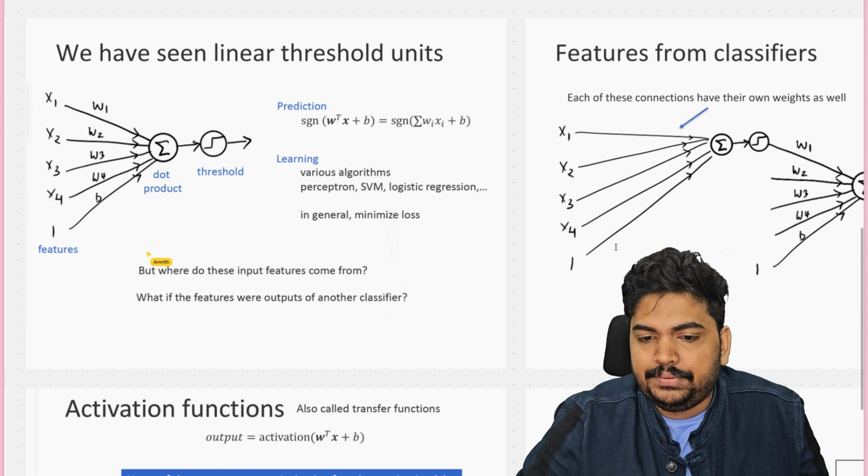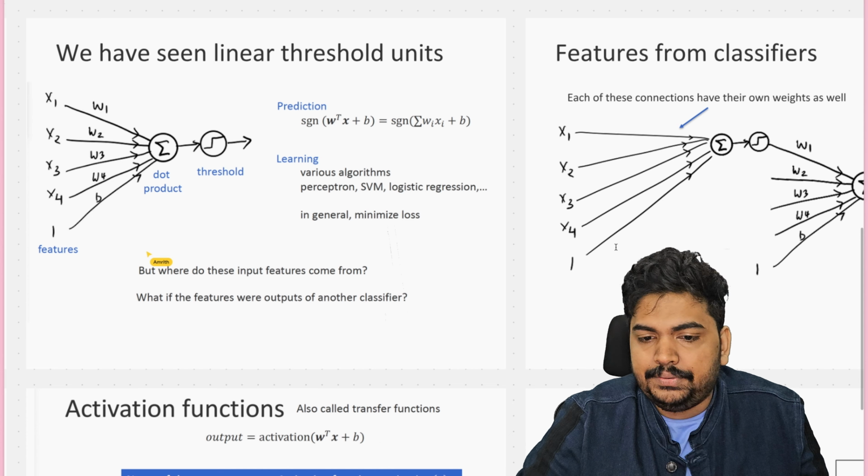Now, what we haven't addressed here is where do these input features come from? I'm talking about x1 to x4. Further, what if these x's here are not actually the features we designed, because there is a feature space design that the humans have to do or generally used to do.